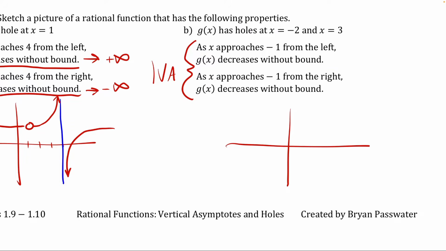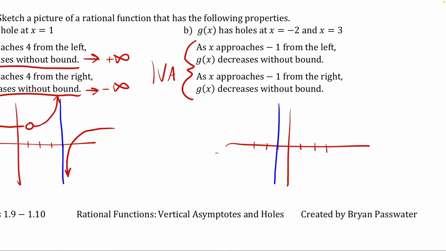As I approach -1, my vertical asymptote is happening here at -1. As I approach it from the left, I decrease without bound. What does that mean, Josue? It goes to negative infinity.